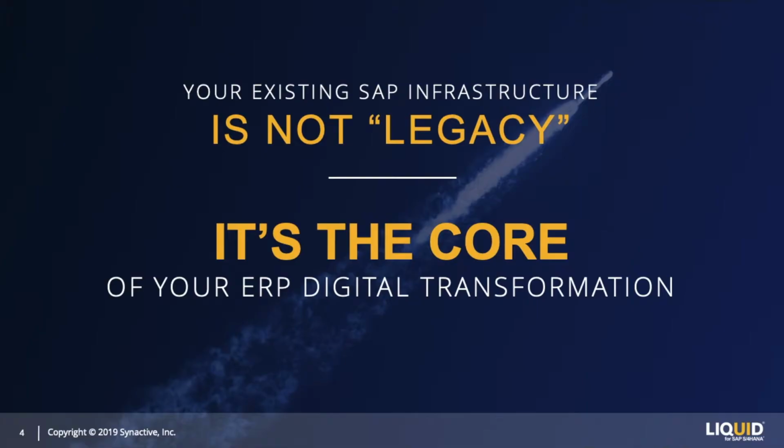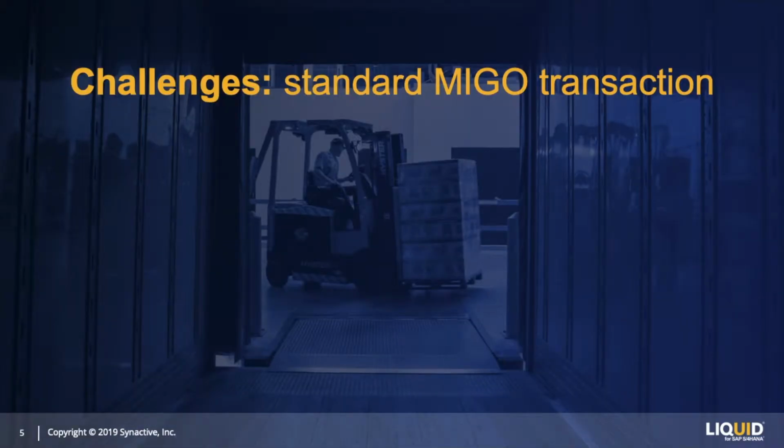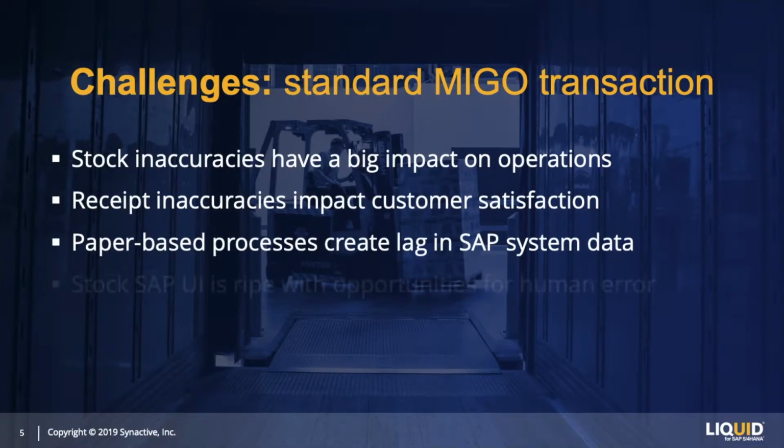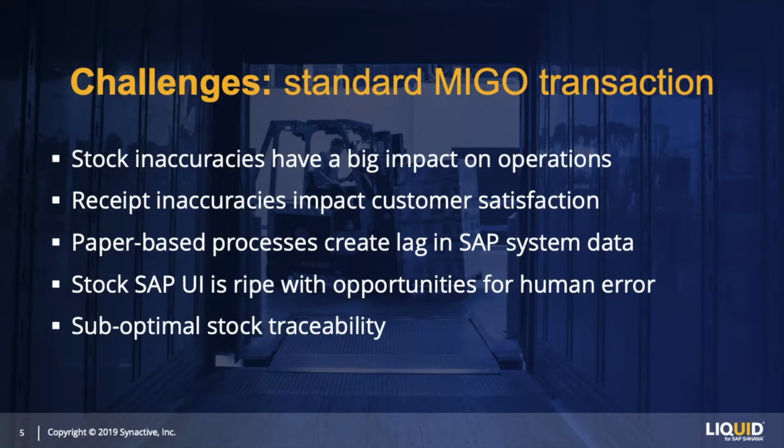Now, I'm sure that most in attendance are familiar with the MIGO transaction and some of the challenges or limitations that it places on operational teams. And really it boils down to 2 main factors. First, the stock SAP user interface is hard to use. Folks end up fumbling around with data entry, and we end up sending bad data to the back end.